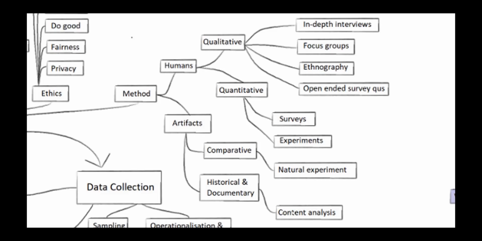So anyway, we're going to spend about 4 or 5 weeks learning most of these different methods. And the key thing at this stage is just for you to know that what you can see in front of you on these slides is basically the main approaches to collecting data across the social sciences.